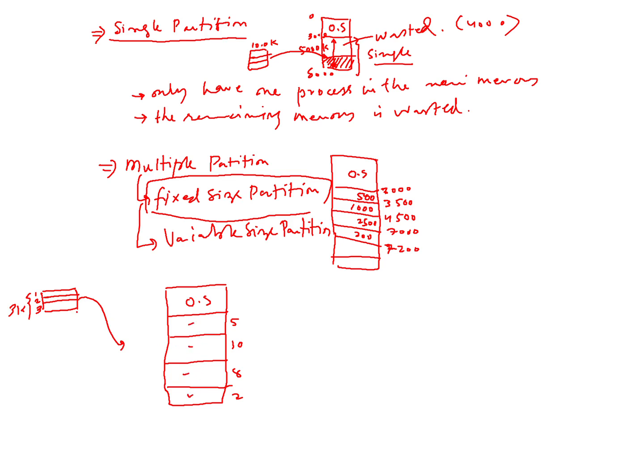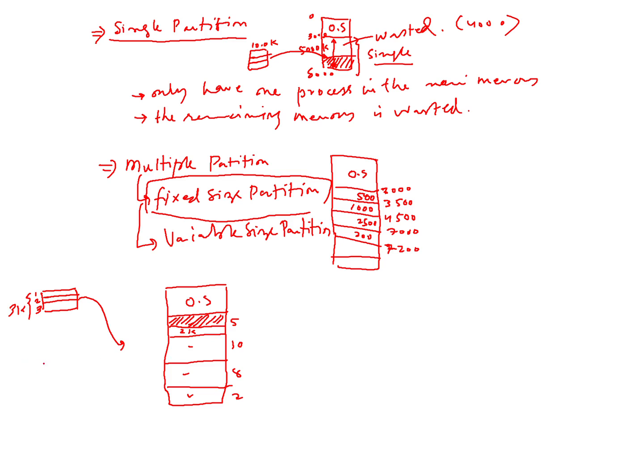Well, this is 5, so we can fit this new process into this partition. So 3 out of 5k are utilized for bringing this process into the main memory, and 2k is wasted here.